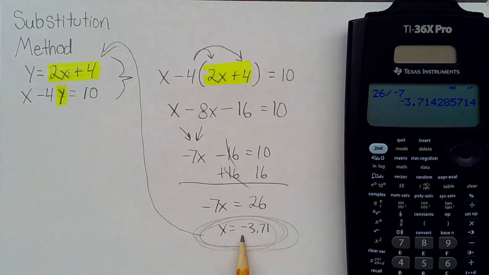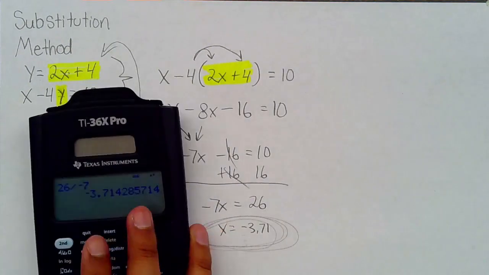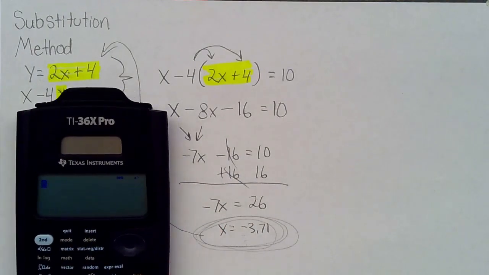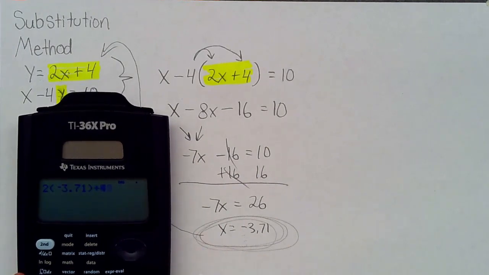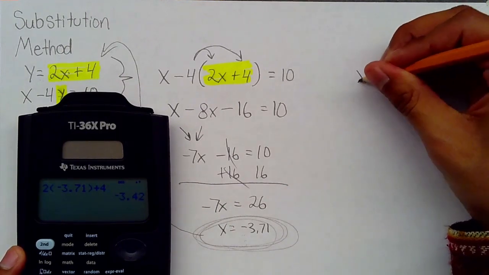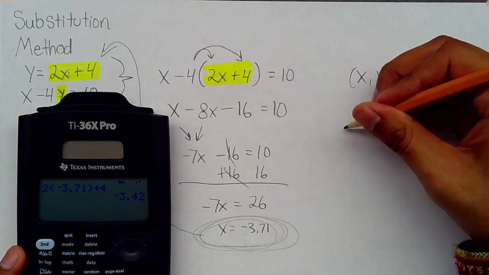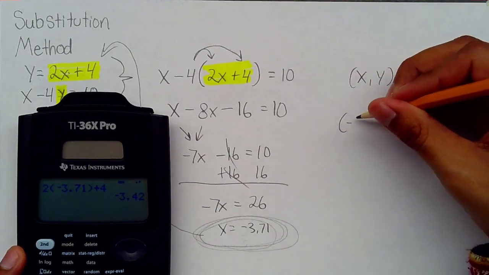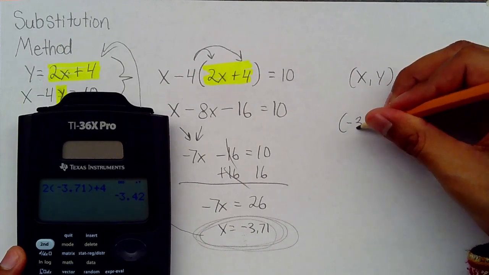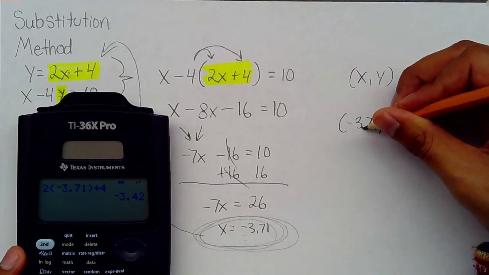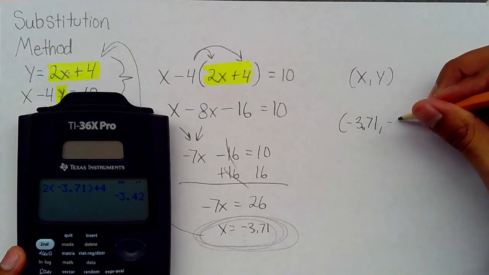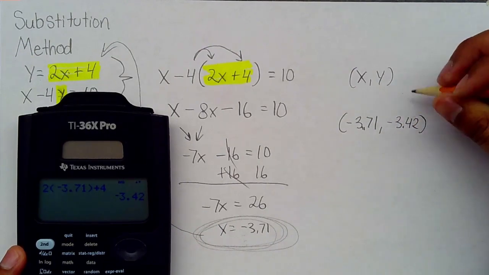And so the next thing I'm going to do is type that in the calculator. 2 parentheses, negative 3.71, close my parentheses, plus 4. Negative 3.42. And so my coordinate pair answer for the system of equations is negative 3.71 for the x coordinate, and then negative 3.42 for the y coordinate.